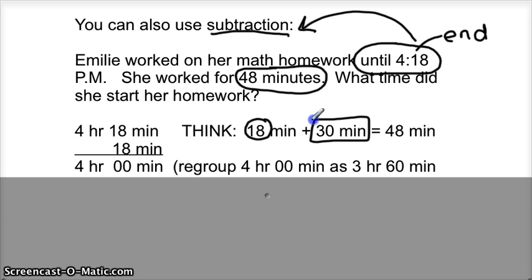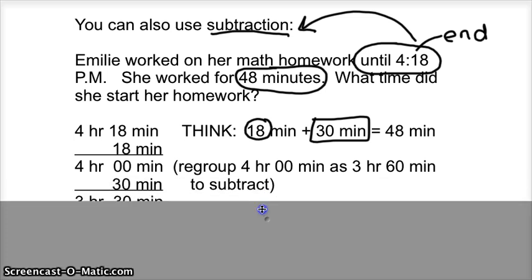I can't really take away 30 minutes from 4 hours and 0 minutes. So I'm going to regroup 4 hours and 0 minutes as 3 hours and 60 minutes. I can take 30 away from 60.